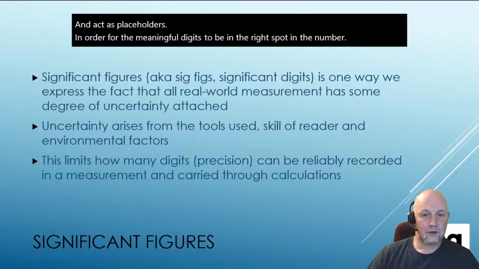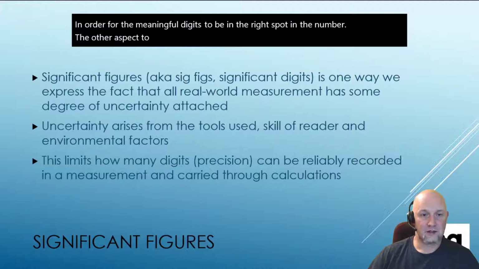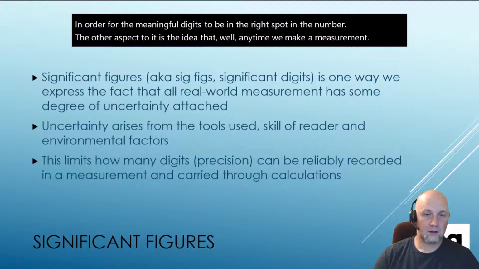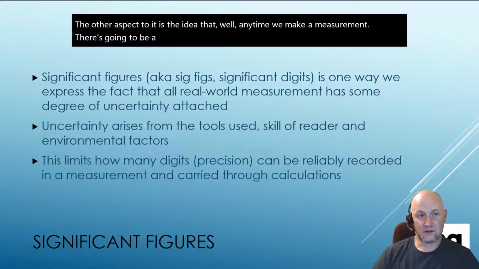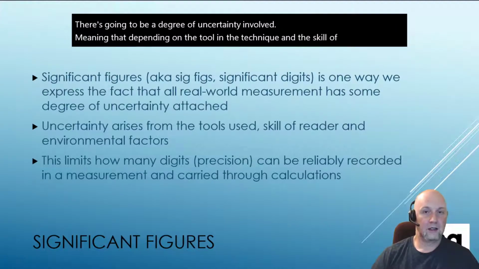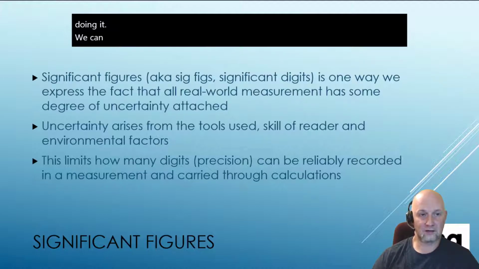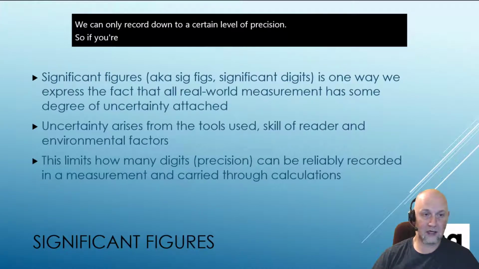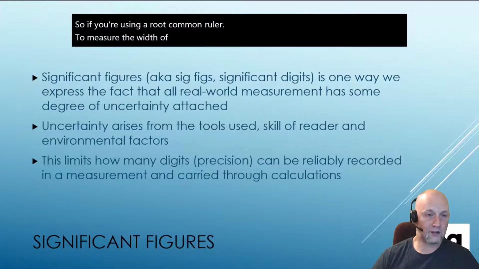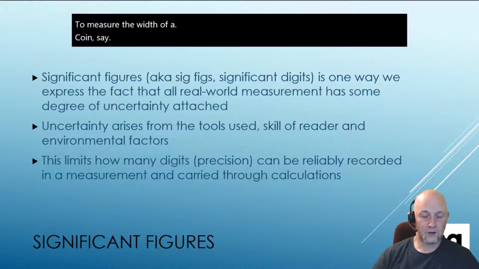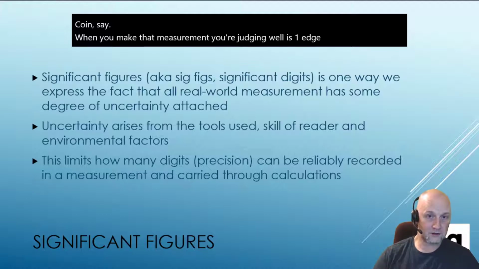So the other aspect to it is the idea that, well, anytime we make a measurement, there's going to be a degree of uncertainty involved, meaning that depending on the tool and the technique and the skill of the person doing it, we can only record down to a certain level of precision. So if you're using a common ruler to measure the width of a coin, say, when you make that measurement, you're judging, well, is one edge lined up with the zero on the ruler?